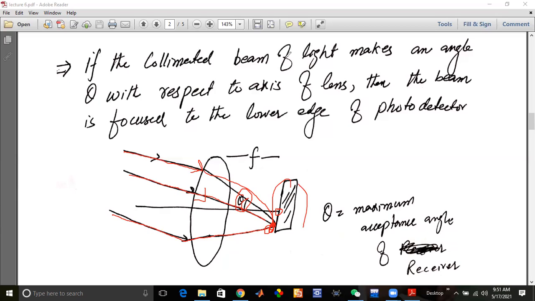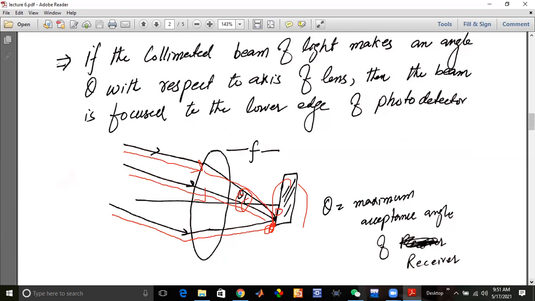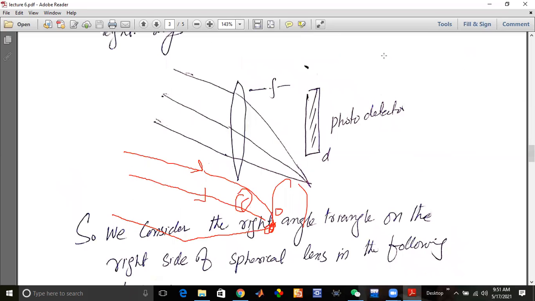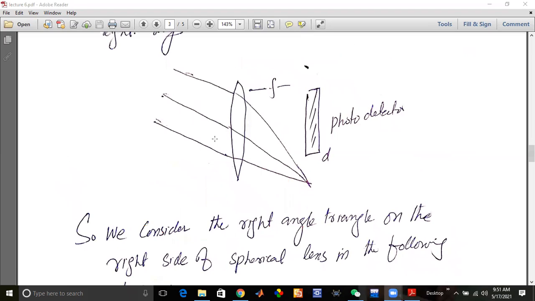For example, if we increase this theta, the light will be concentrated at a point that does not lie in the photodetector, so we are unable to detect our light, and it means that our receiver will not receive any signal. So this angle is very important in optical communication.